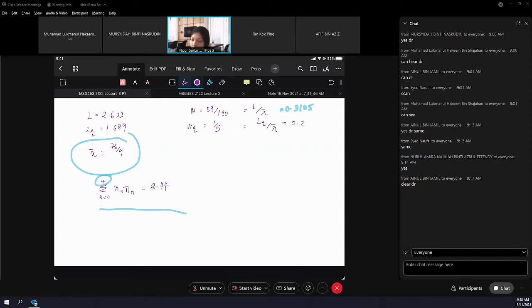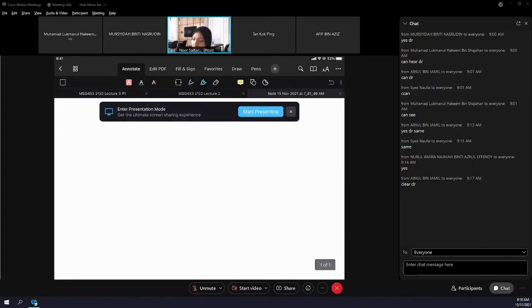Question 2: you have a single server queue. Basically you have one server that has exponential inter-arrival and service time, with mean of 1 over lambda for inter-arrival, and 1 over mu for service time.